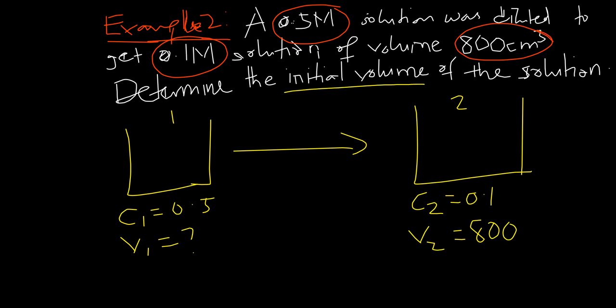So let's put down the parameters. Then after putting down the parameters, we'll use our dilution formula to determine the volume 1 or the initial volume of the solution. So let's do that. Here C1 we are told is 0.5 molar. V1 you don't know, that's what we are going to look for.